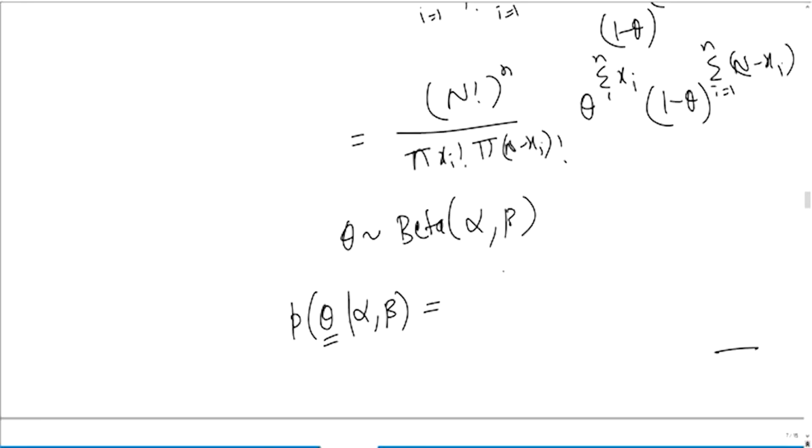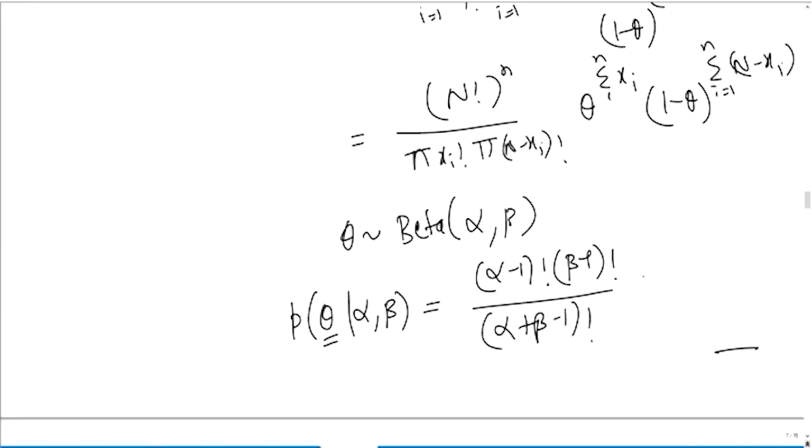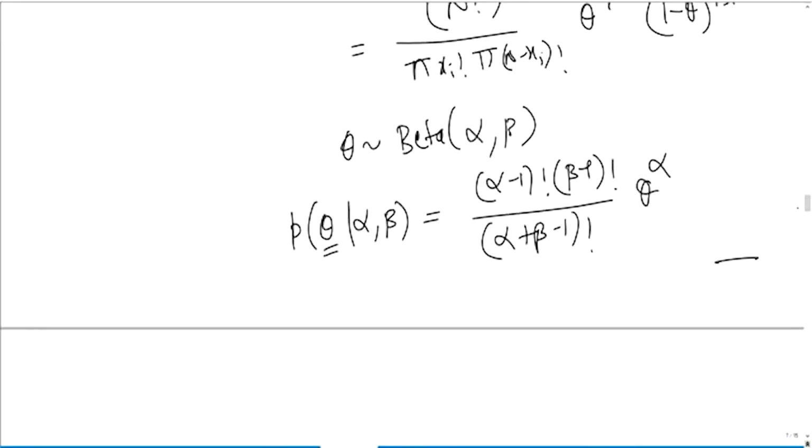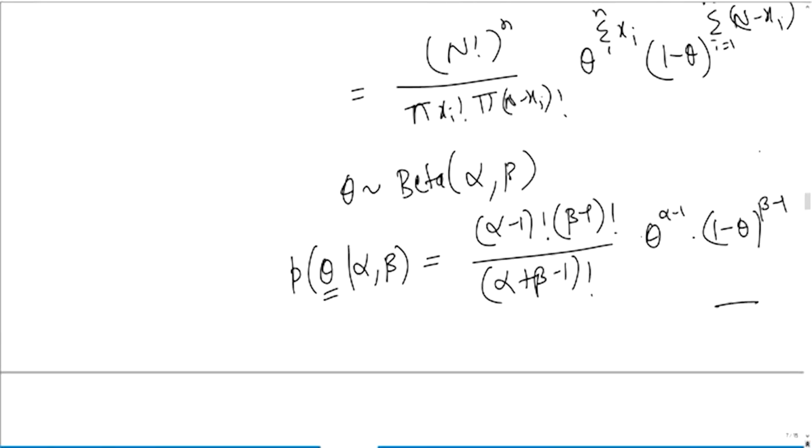So, PDF can be written as alpha minus 1 factorial, beta minus 1 factorial divided by alpha plus beta minus 1 factorial, then x to the power alpha. Here what is x? What is the random variable? Theta. So, theta to the power alpha minus 1 and 1 minus theta to the power beta minus 1. So, that is your prior density.